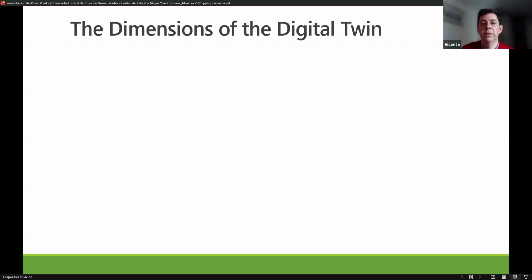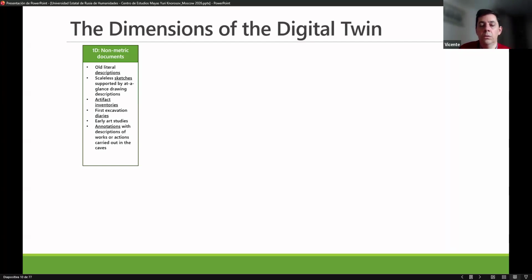I think it's a bit messy, but I'm going to talk about each of these dimensions and how geomatics fulfills all these boxes. So quickly, the first dimension is all the old non-metric information. You know, all literal description, sketches, artifact inventories, excavation diaries.